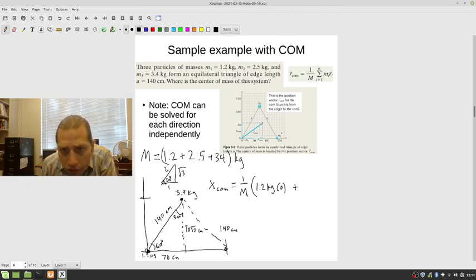And my mass 2, as we have it on this picture, is 2.5 kilograms. Okay, so I would take 1.2 times 0 plus 3.4 times 70. Okay, this I'm going to get my center of mass in centimeters. And then I would have plus 2.5 kilograms times 140.